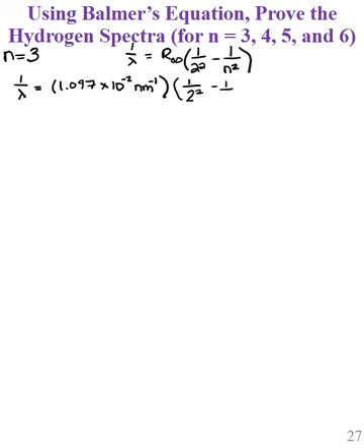And then because our n is 3, we'll square it. 3 squared. Okay, now I'm going to multiply these numbers. And so I will get 1 over wavelength is equal to 1.52 times 10 to the negative 3 inverse nanometers.